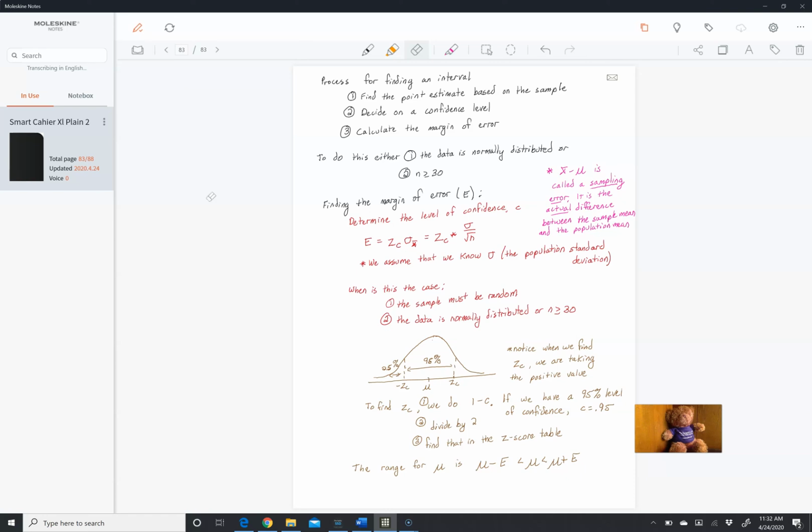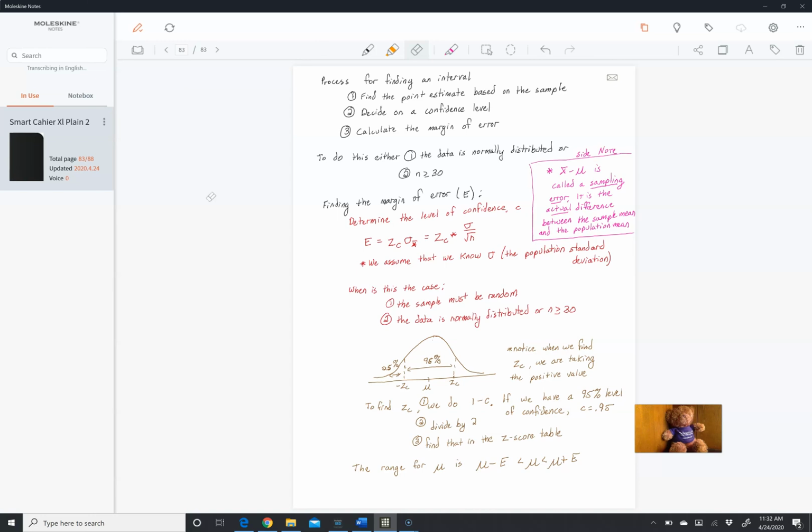The whole point of using a statistic is that we can't find it for a population. So this is just a side note. I just wanted to give you that definition.